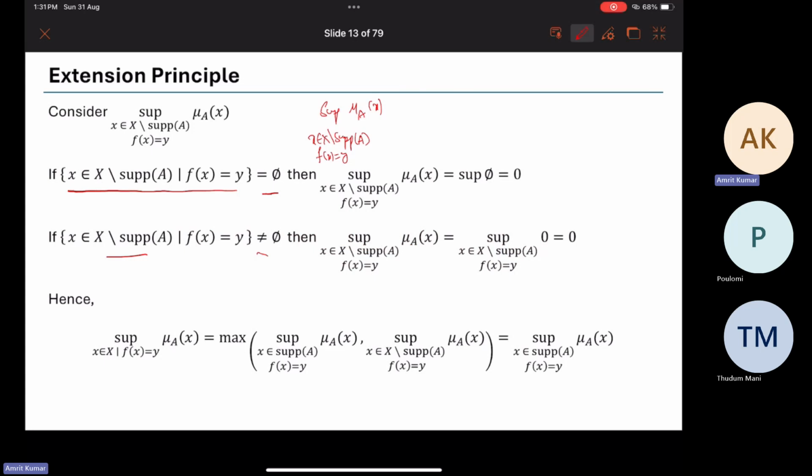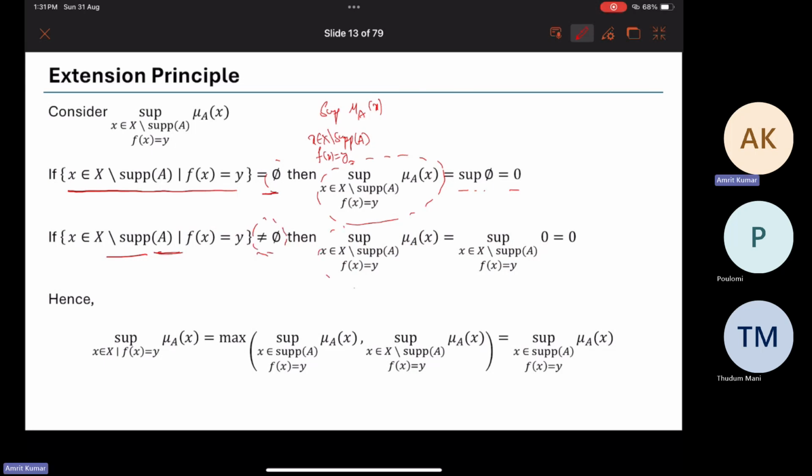So suppose this is empty, then this particular supremum essentially becomes the supremum of the empty set, which is zero. Okay. Now what happens when this set is non-empty?